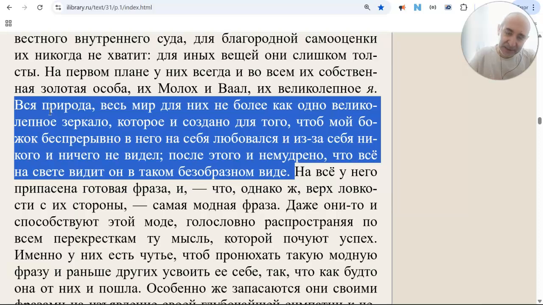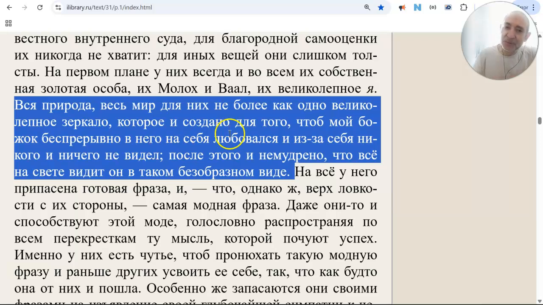So I'm going to translate and then we will continue. So, all of nature, all of the world, for them, meaning for this kind of people, is not more than one fascinating mirror. Зеркало, you remember? Mirror. Which was created for the purpose that my божок, meaning idol, that my idol incessantly into it will admire himself.